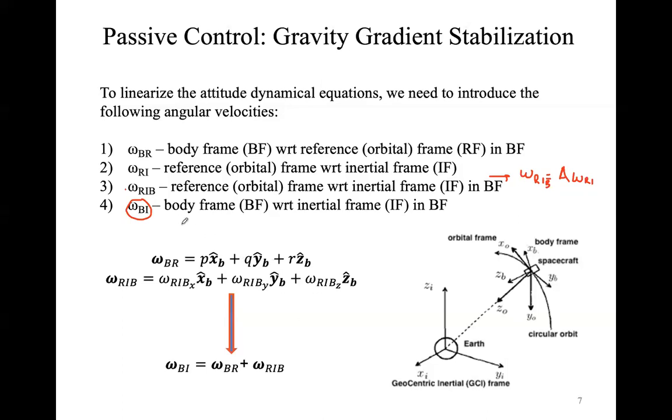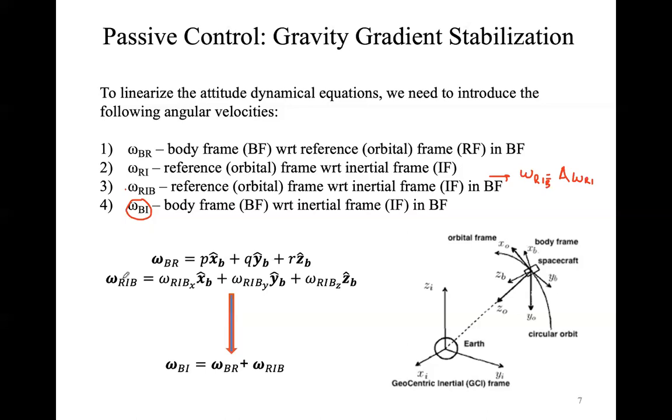Okay, so let's start with a simple one. We know that the angular velocity of the body frame with respect to the orbital reference frame is expressed with the components P, Q, R. That will be clearer in the next slide.